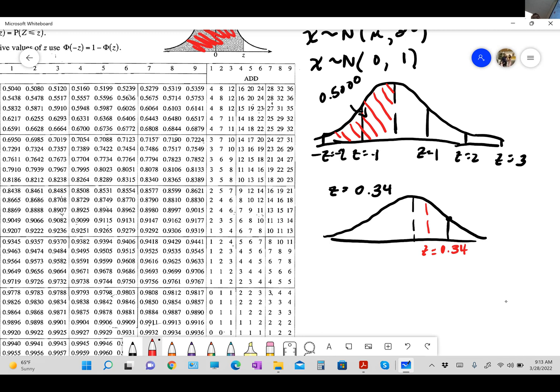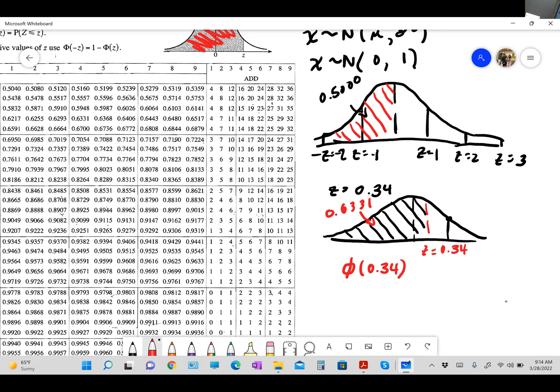Now, that there is telling me that the area depicted there is going to be 0.6331. So this area here is 0.6331. Super simple.